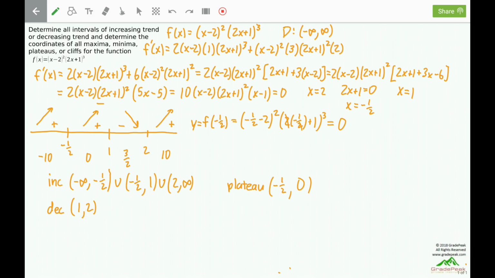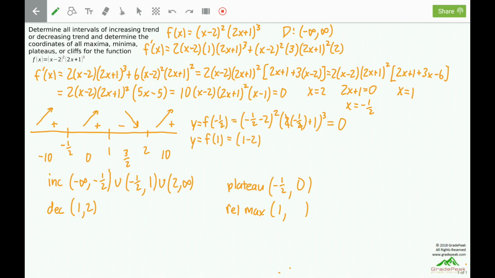Right at the critical number of 1, we have the trend changing from increasing to decreasing, and that means that 1 will be a relative maximum, an x-coordinate of 1. It'll have a corresponding y-coordinate, which can be found by plugging the 1 into the original function.